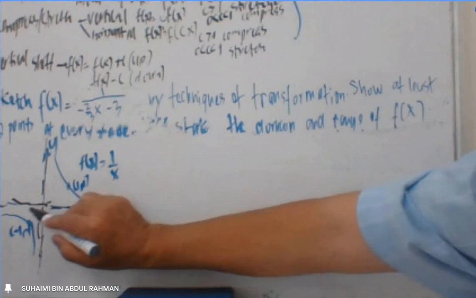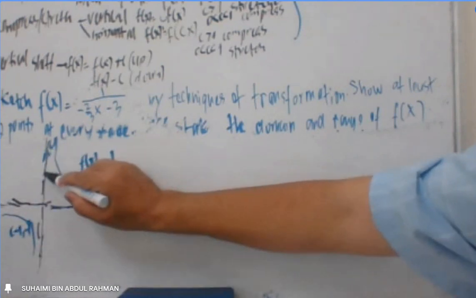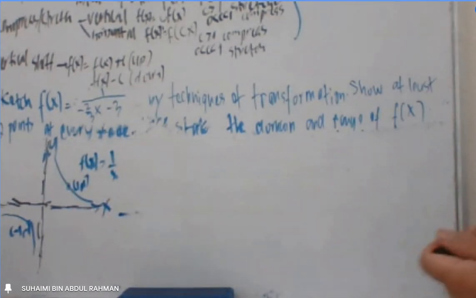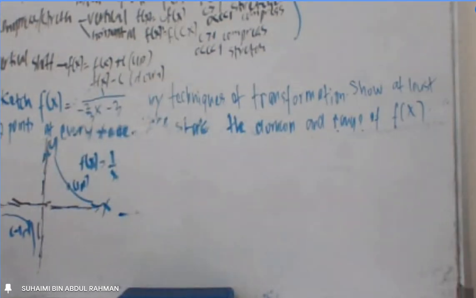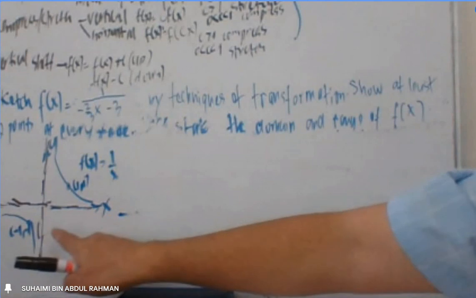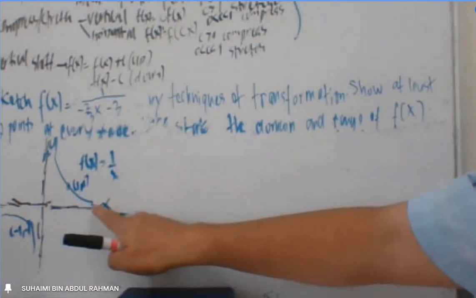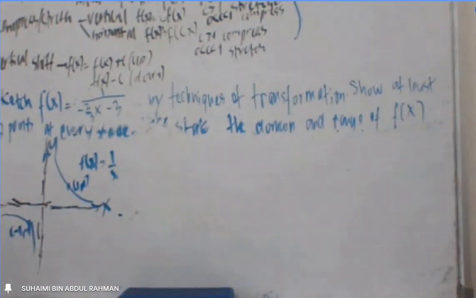The x axis and y axis become asymptotes. Asymptotes meaning that the end here will not go beyond those asymptotes, and also the end here will not exceed these asymptotes. It happens for reciprocal functions.